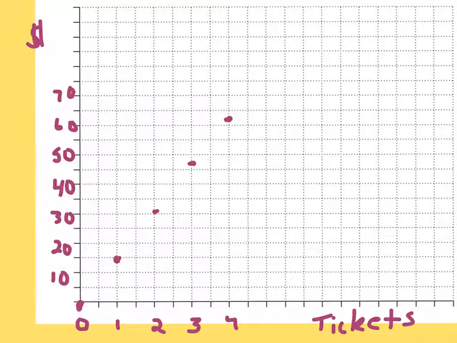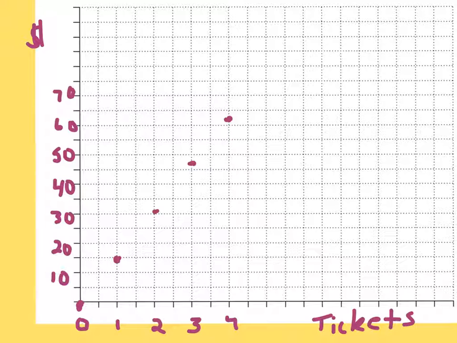Okay? Now I have to decide. The last part is: is the domain of the graph discrete or continuous? To answer this question, we have to ask ourselves, does it make sense that x not be a whole number? What I mean is, could x be 1.5 or 2.5 or 3.5? In the real world, does that make sense? Can you walk up to a box office, at the movie theater, the museum, wherever, and say, hi, I would like to buy 1.5 tickets, please?